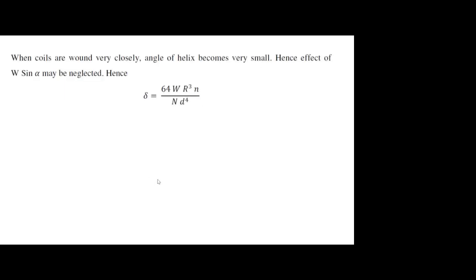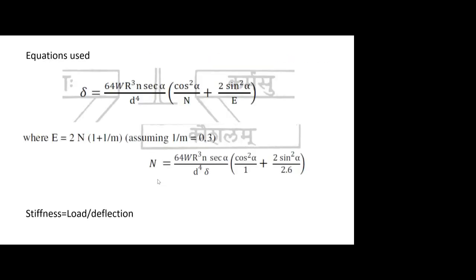That is the calculation. Now, in this equation, when alpha is approximately 0, what will happen? Cos square alpha is equal to 1, sine square alpha is equal to 0, and similarly secant alpha is equal to 1. Then this equation reduces to 64WR cube n divided by delta D raised to 4, as the final term becomes 1. So for a closed coiled spring, the equation for finding N is 64WR cube n divided by delta D raised to 4.